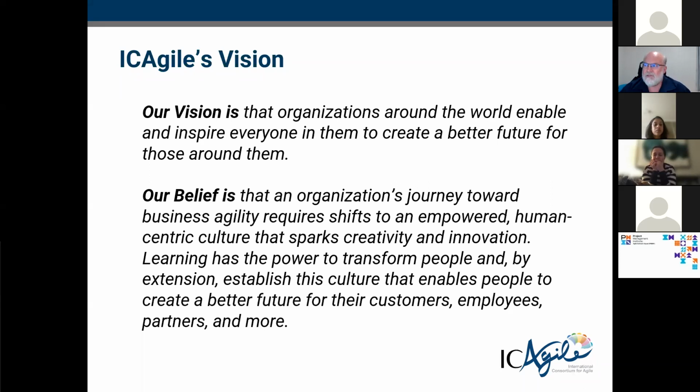Learning has the power to transform people, and by extension, establish this culture that enables people to create a better future for their customers, employees, partners, and more. That is that bigger societal growth.